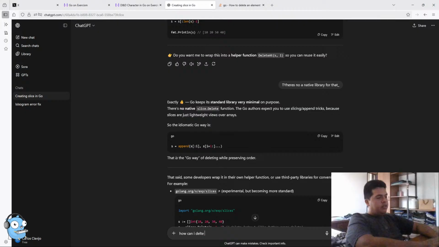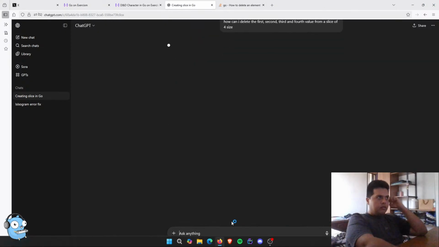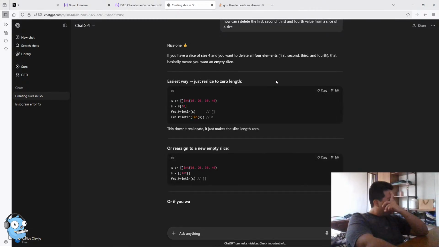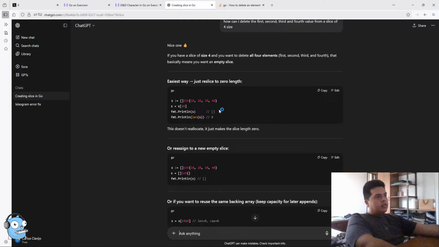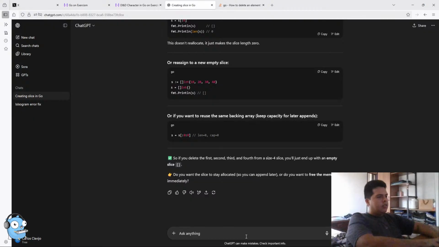How can I delete the first, second, third, and fourth value from a slice of size 4? Nice one. This is where you realize... now how can I delete the first? An example of deleting only the first from a slice of 4.